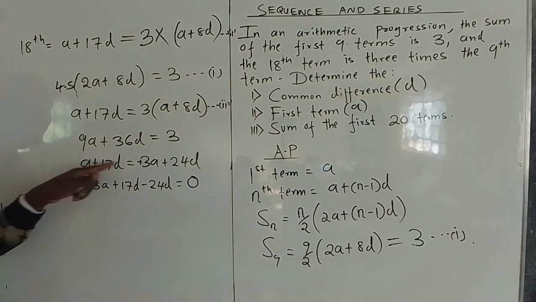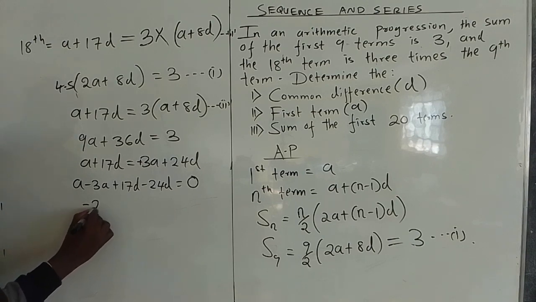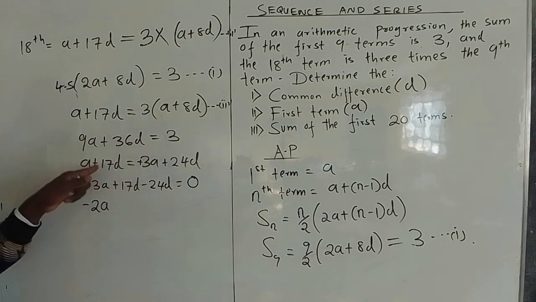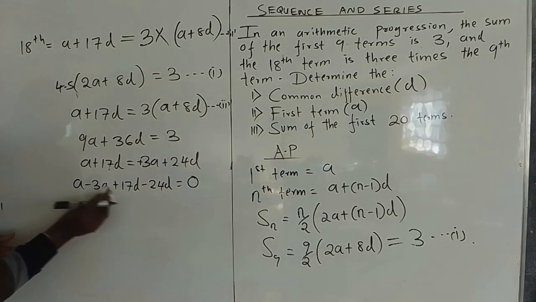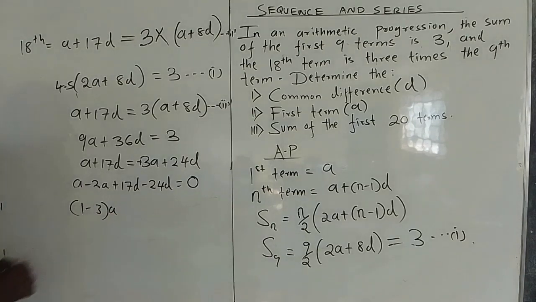So start: a minus 3a, you get? Are you using a calculator? Minus 2a. Then here positive 17d. Remember, you are just factorizing out a common factor. You can see here a minus 3a, you remain with 1 minus 3 into a outside.